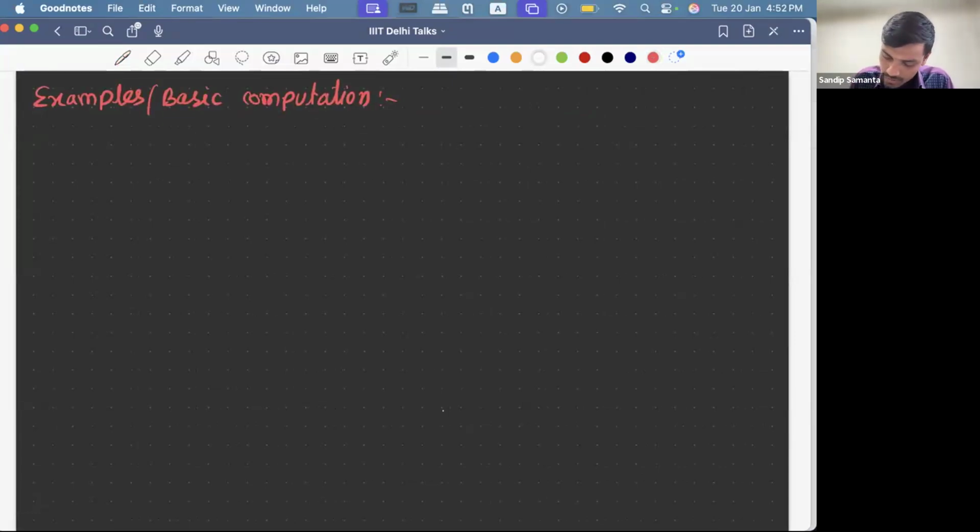So what would be the E of Sn? Let's compute this.